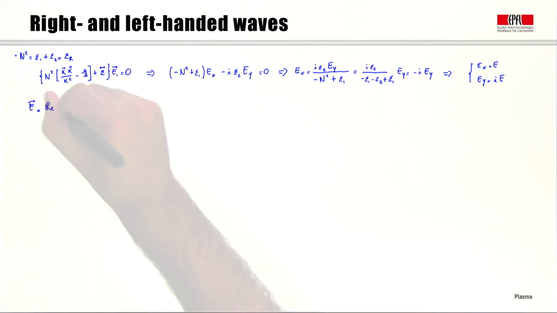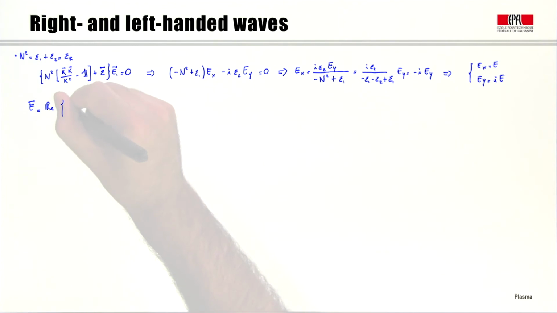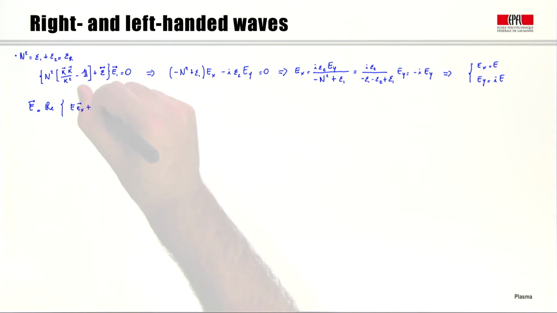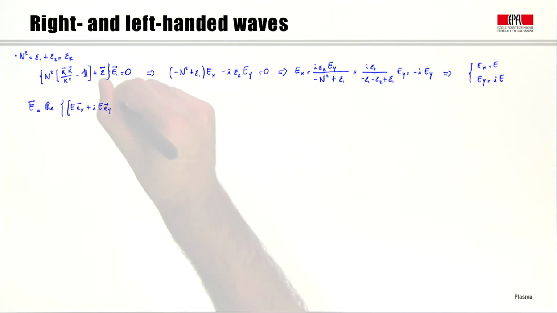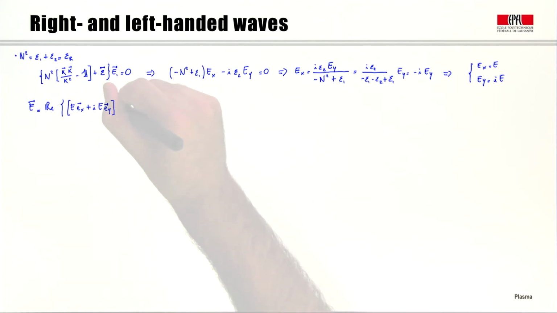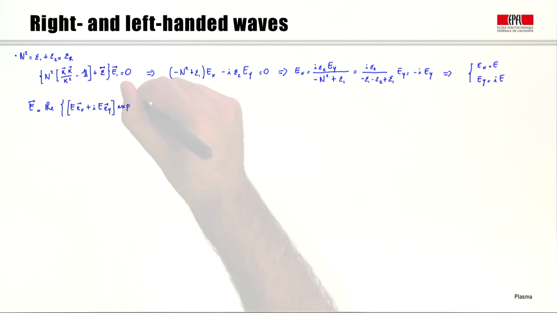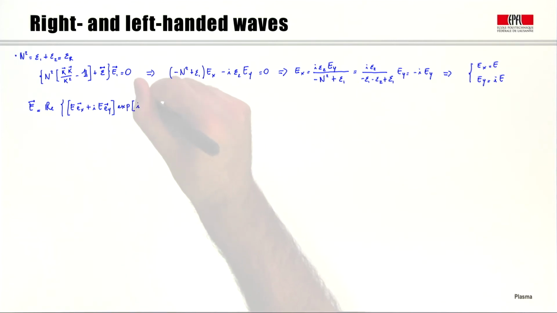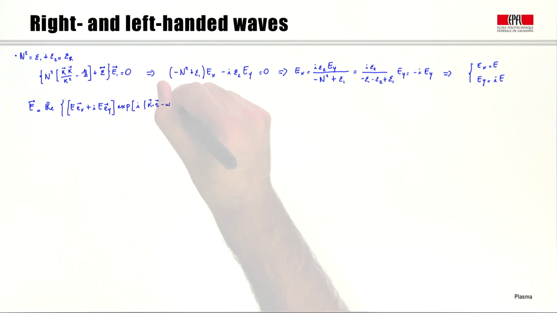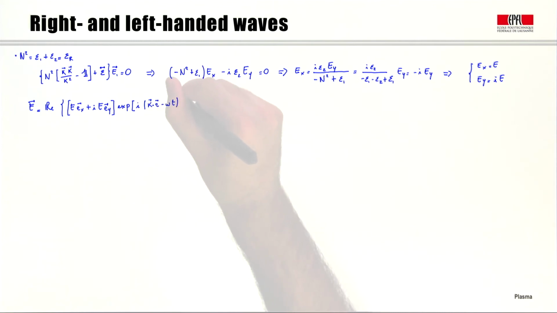Well, the electric field will be given by the real part of the electric vector Ex plus i Ey, multiplied by the exponential factor that enters in the Fourier mode, e to the i(k dot r minus omega t).